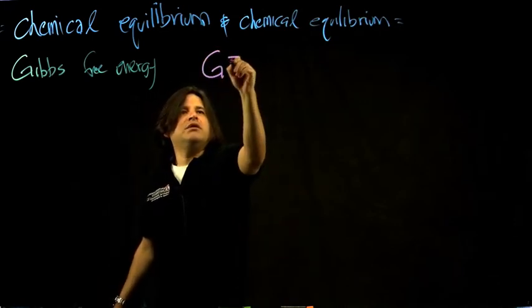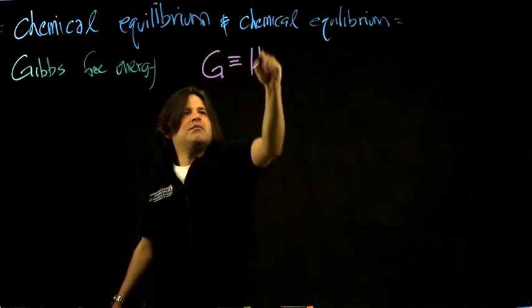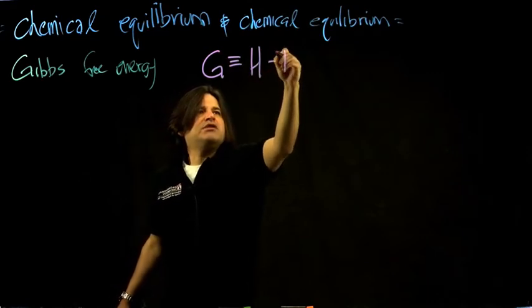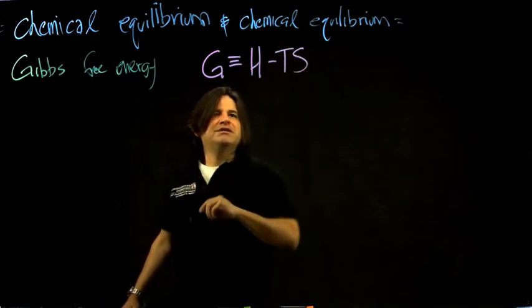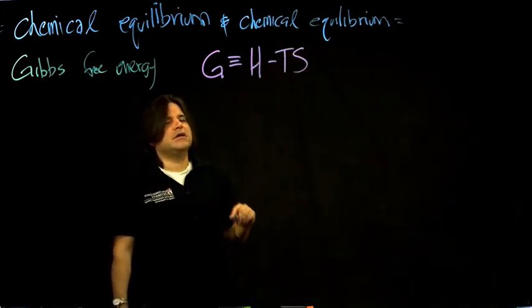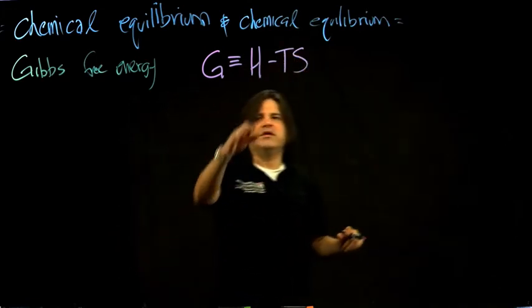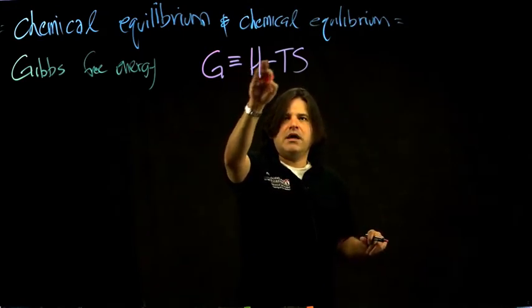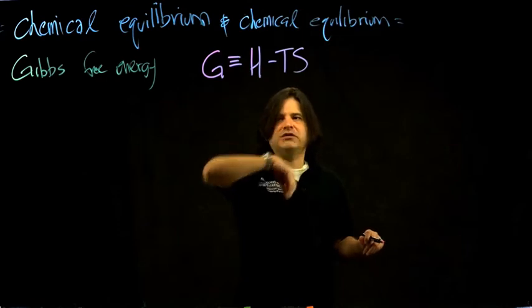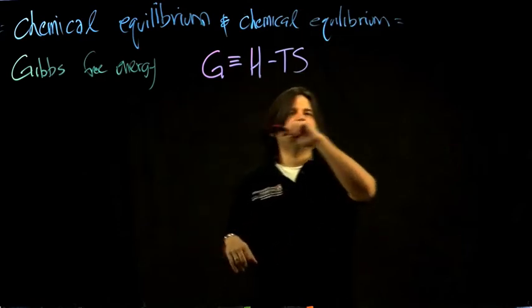But then you build the Gibbs free energy by a competition between entropy and enthalpy. So enthalpy is H, entropy is S, and you may remember some theories to relate enthalpy to temperature and entropy to temperature and pressure. So that's what Gibbs free energy is based on.